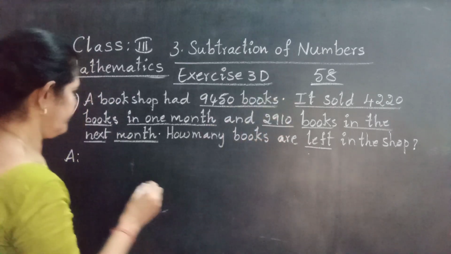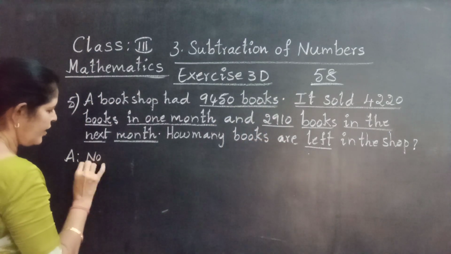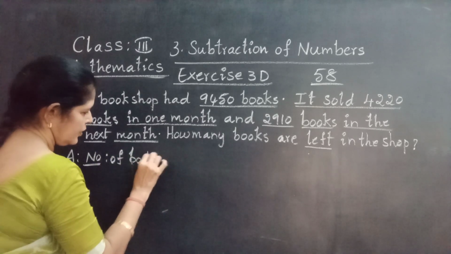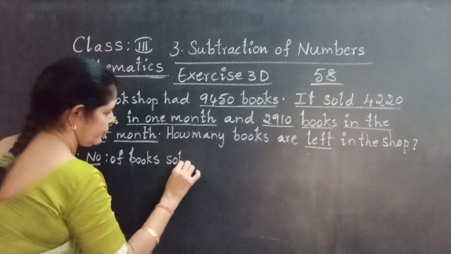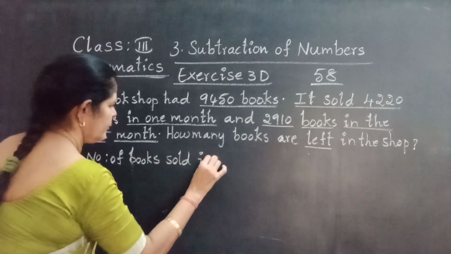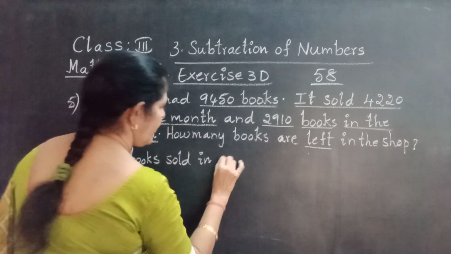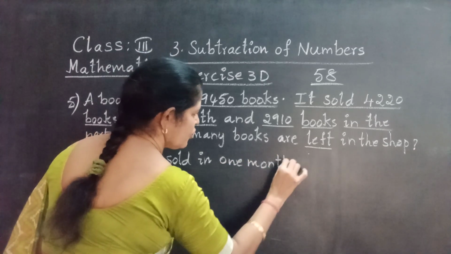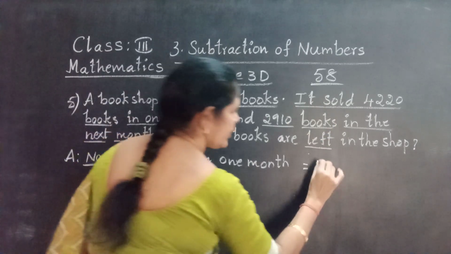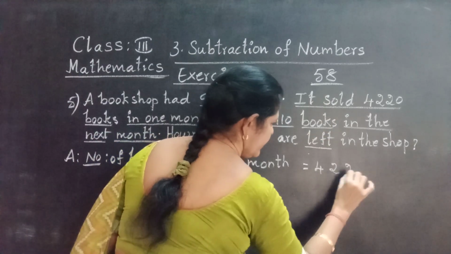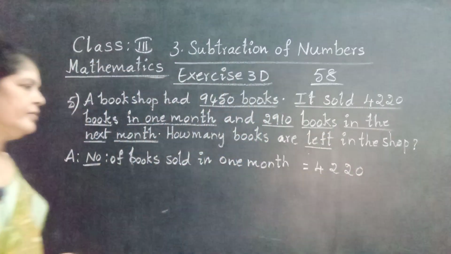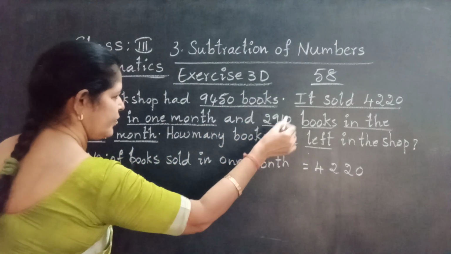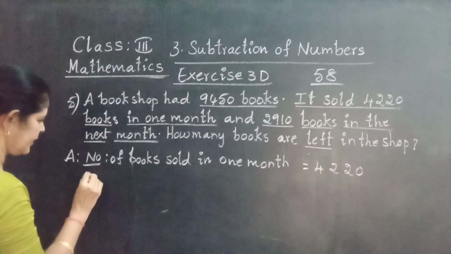Take the first one. Number of books sold in 1 month. How many books did he sell? 4,220. Come on. Next. 2,910 books sold in the next month.